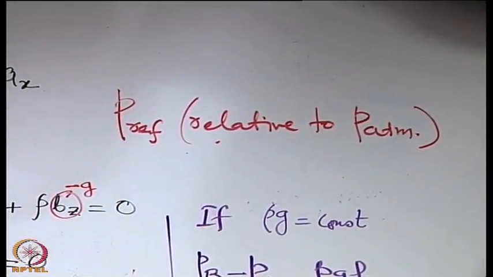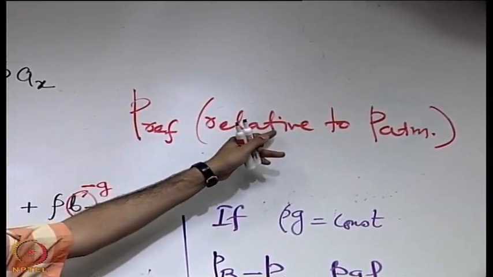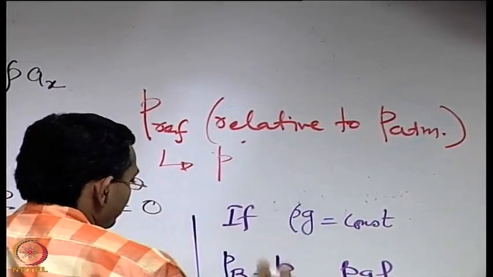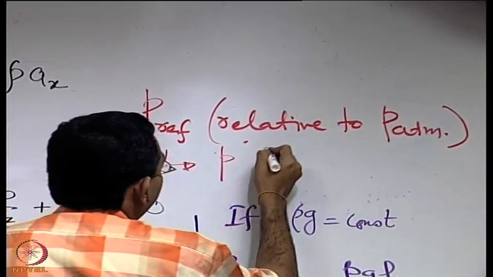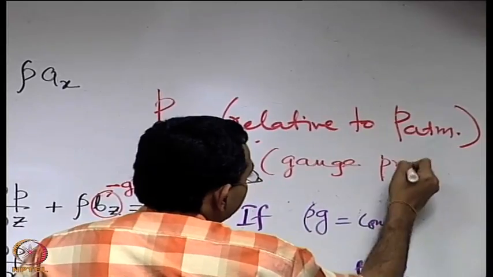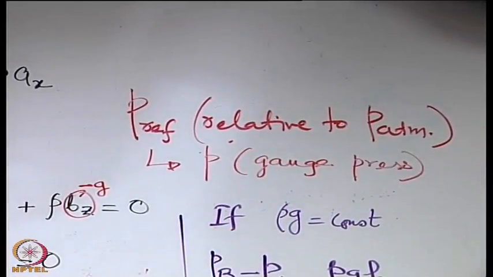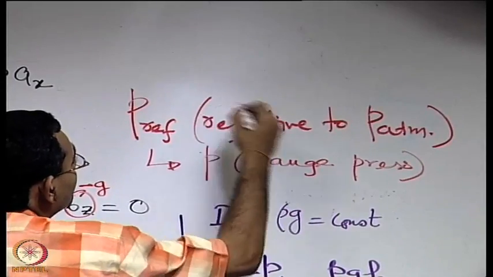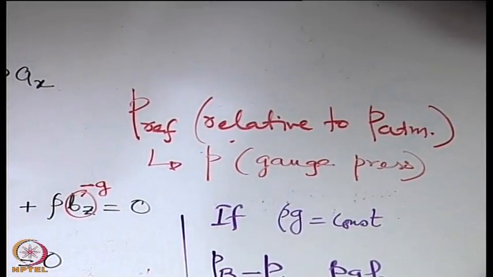So we are talking about a reference where the reference is the atmosphere, then whatever pressure is there at any other point we call that a gauge pressure. So this is just a terminology. Gauge pressure means any pressure relative to atmospheric pressure.